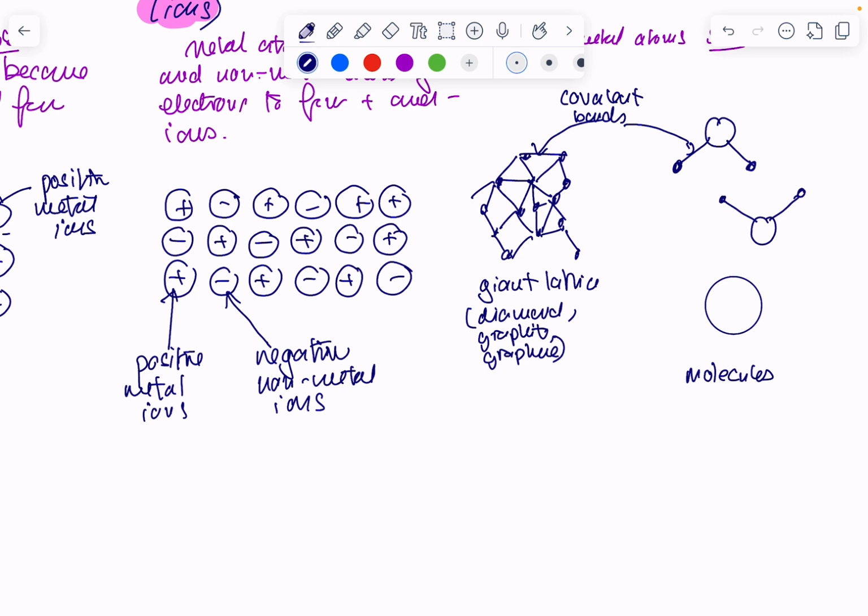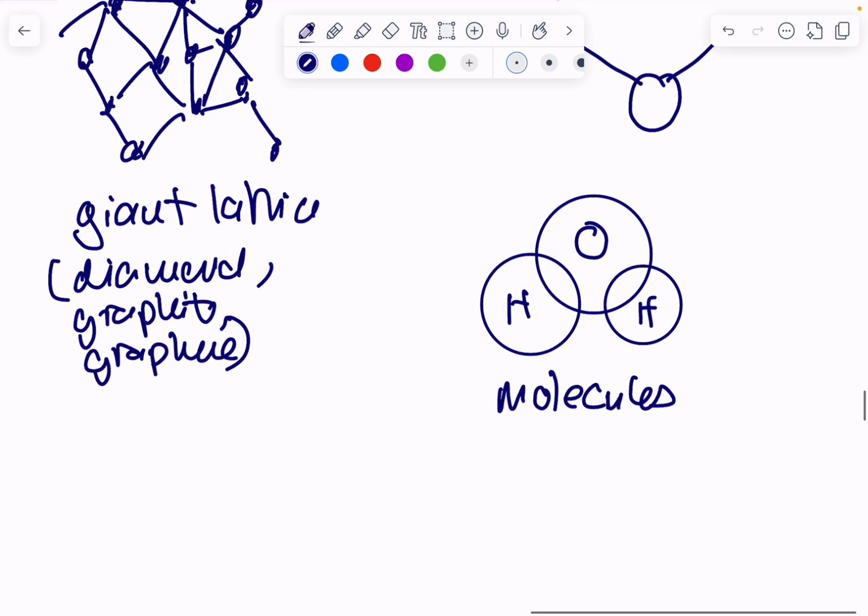We actually have to do a bit of a dot and cross diagram. So for instance, in water, we show shared pairs of electrons in the bond between oxygen and hydrogen. So this here is the covalent bond.